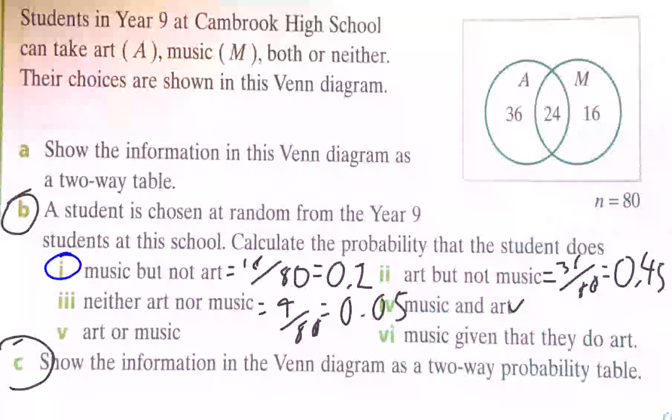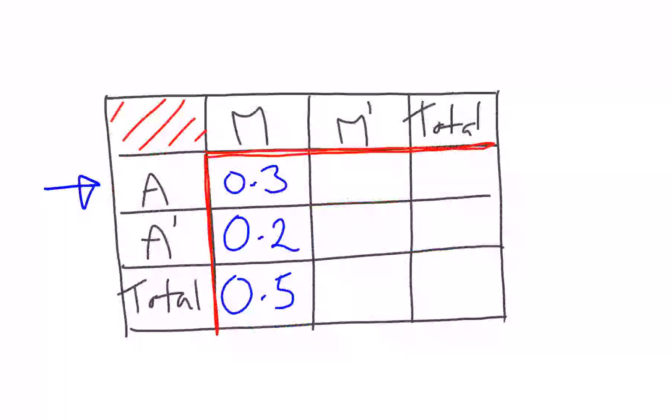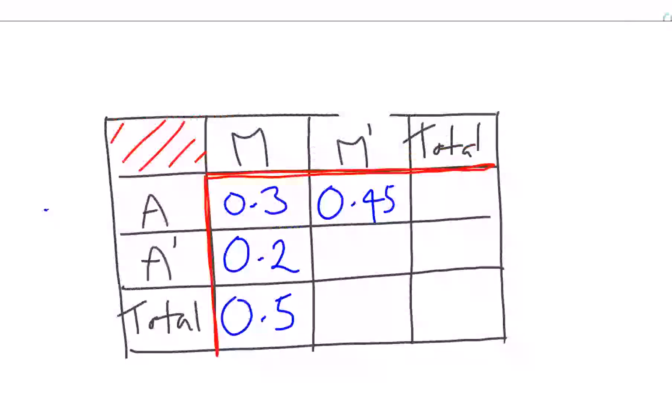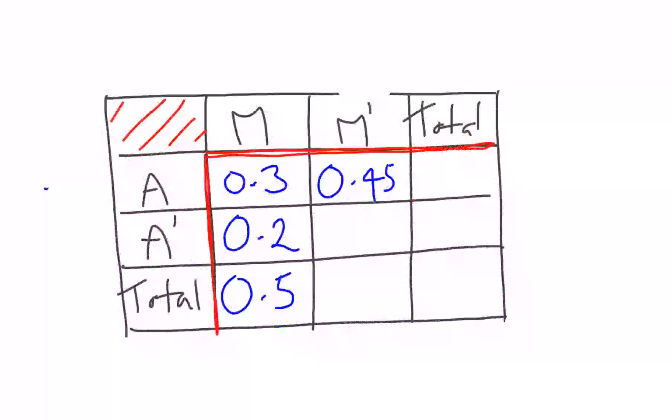We put our other answers in. We got art but not music, 0.45. So that's art and not music, 0.45. Get rid of my arrows. And we need the probability that they do neither. Neither art nor music, 4 out of 80, 0.05.